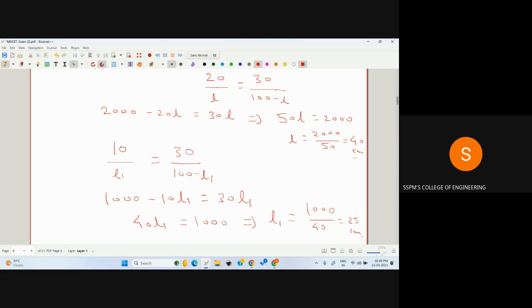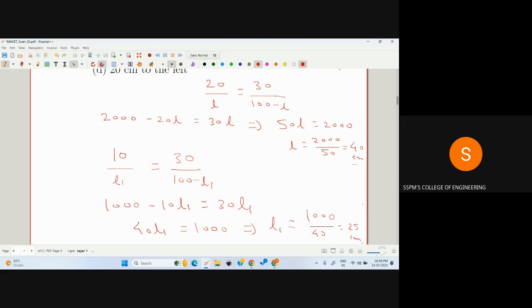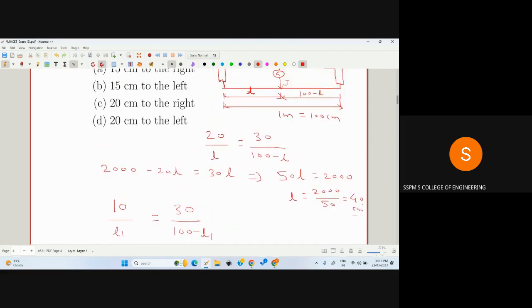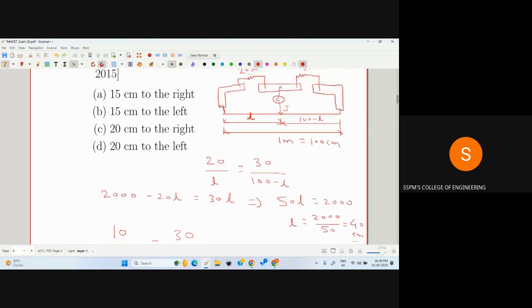When the left resistor is reduced by half, the balance point becomes 25. The difference between 40 and 25 is 15, and we are always measuring the distance from the left end. It means the null position is shifted by 15 centimeter to the left, isn't it?